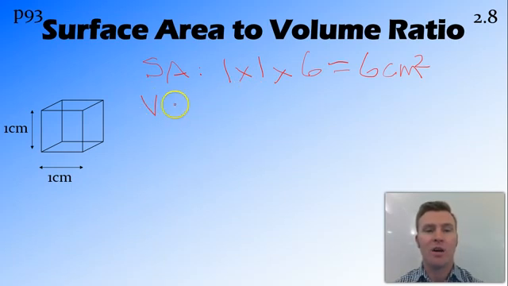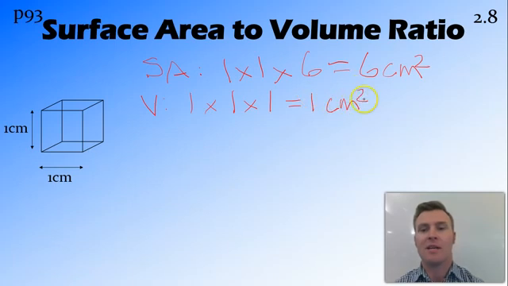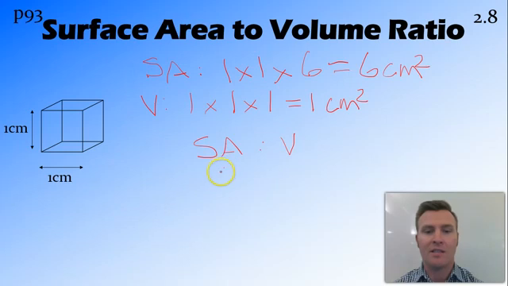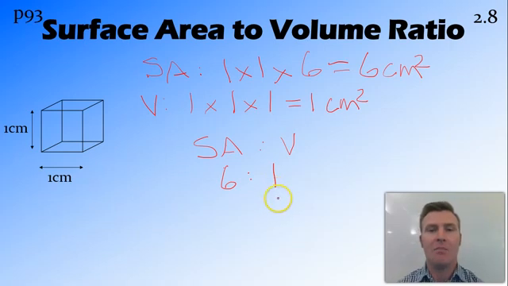Now, as far as volume goes, we're looking at the three-dimensional space here. So we get the height times the width times the length, and we find that it is 1 cubic centimeter, which makes complete sense. So in our surface area to volume ratio, we have a surface area of 6 and a volume of 1. So this is the basic one.